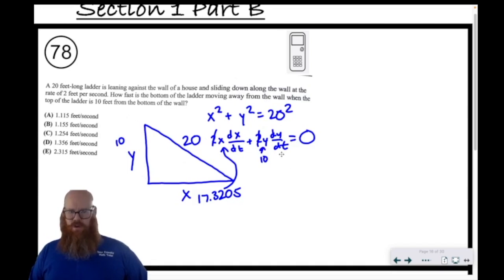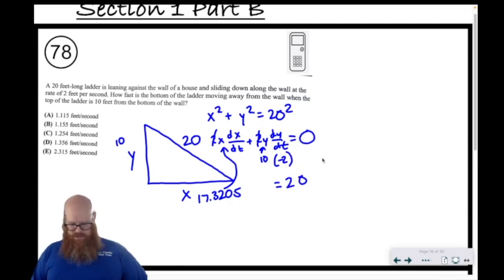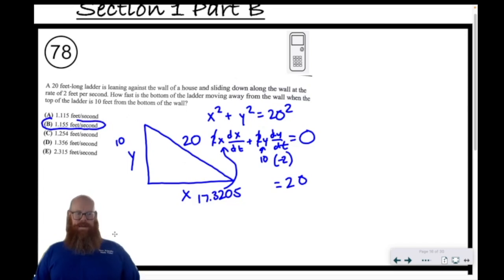Well, that's 2. So we need to make a negative 2 here. All right, well, this is negative 20. So when I add it to the other side, I'm going to get positive 20. So I get this number times dx/dt is 20. So I'm just going to do 20 divided by that number. And it gives me 1.155. It's obviously feet per second. And that is answer choice B.